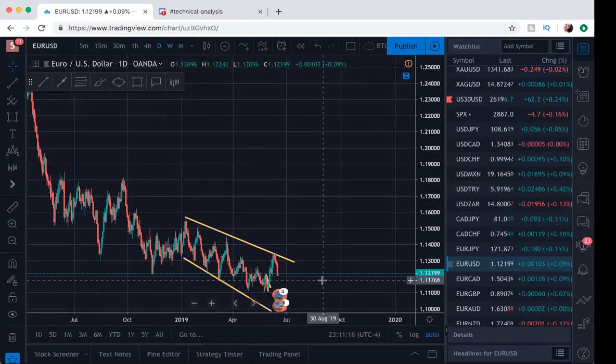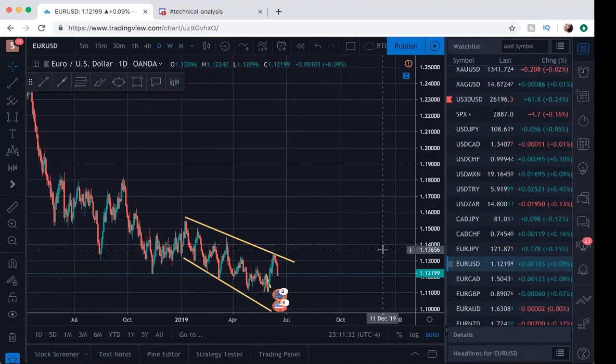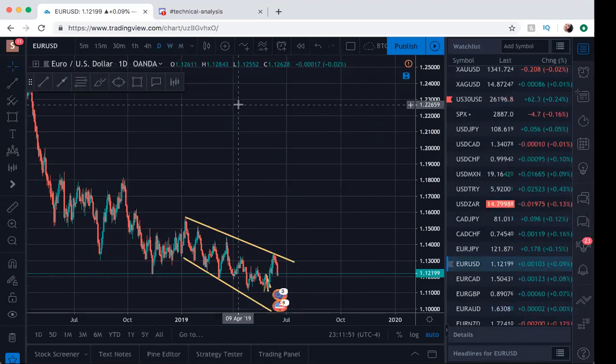Overall, it's a bearish trend where the euro index is bearish and the dollar index is bullish, because if the dollar strengthens, euro goes down, and vice versa. If the dollar is getting weak, that means euro is going to be getting strong against the dollar, and you'll see price rise. And this starts all at the top-down analysis.